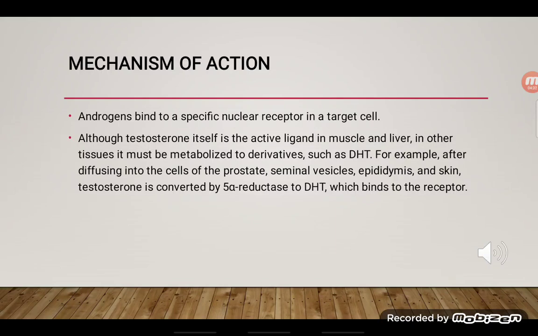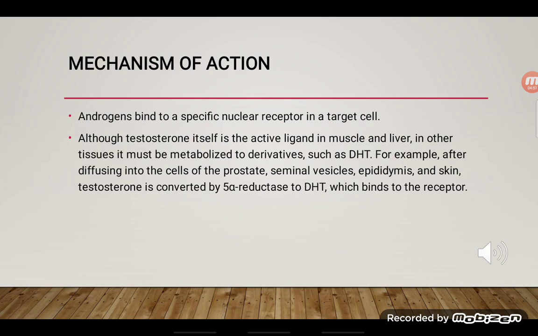Testosterone is the active hormone in the muscle and in the liver, while in other tissues it has to be metabolized to its derivative, such as dihydrotestosterone.